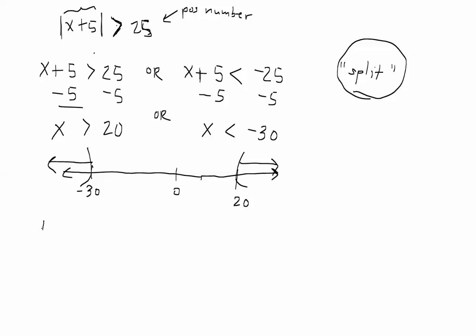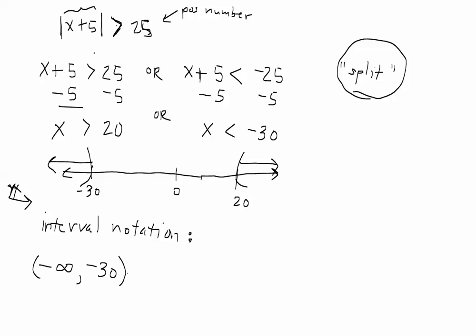Now this solution written in interval notation looks like this. You read a graph from left to right. So if we start out here, we're out at negative infinity. We go all the way up to negative 30. We use parentheses because it's not equal to negative 30.